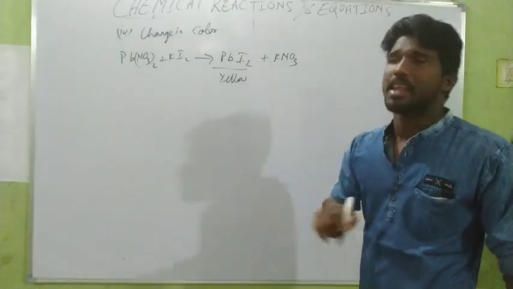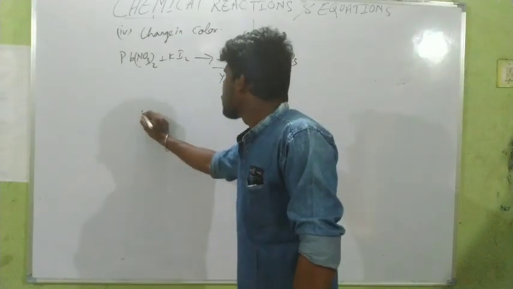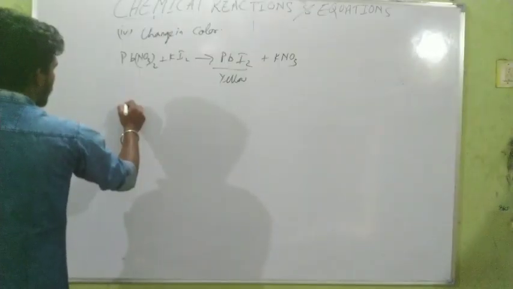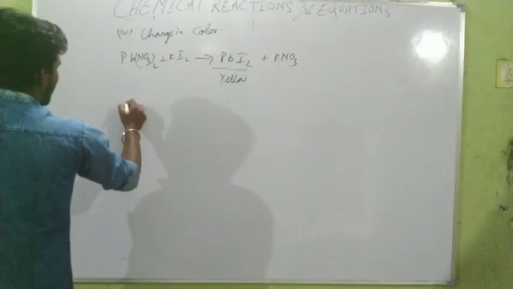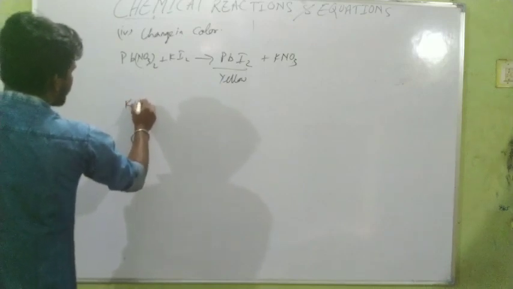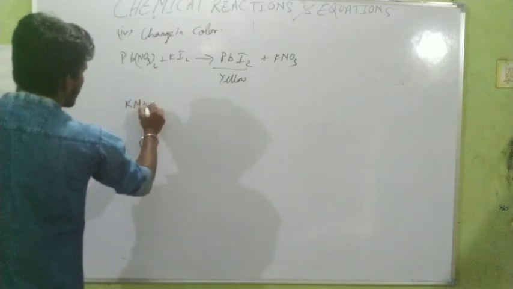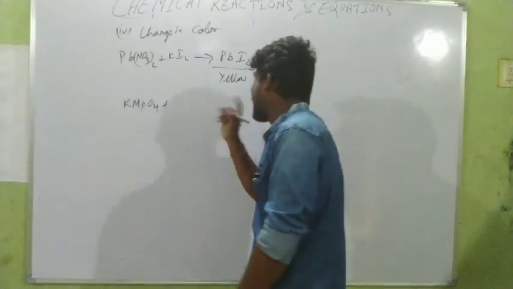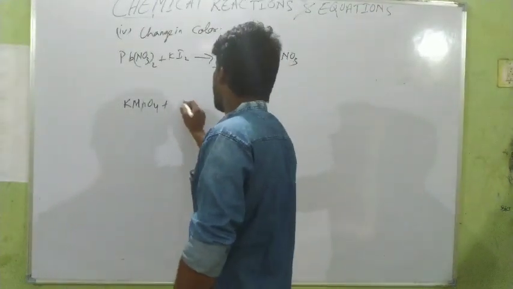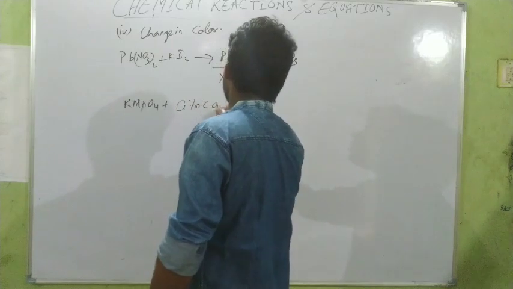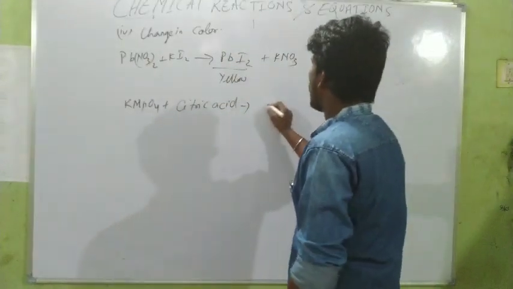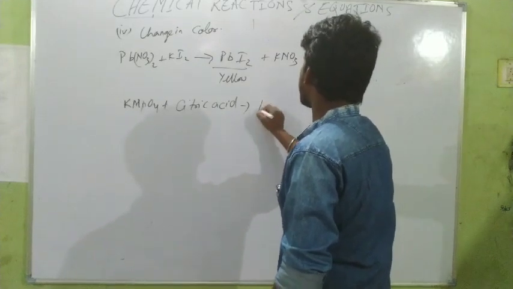One more example I can give you. Let's take potassium permanganate. Potassium permanganate, KMnO4, plus citric acid will give you a reaction of permanganic acid.